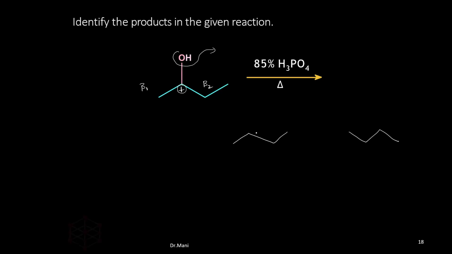If you see here, the double bond will happen here, and here the double bond will happen there. And this is the major one and this is the minor one. Okay.